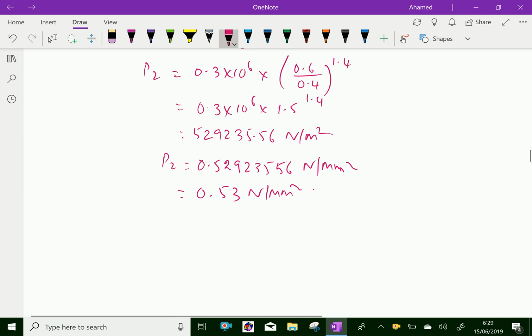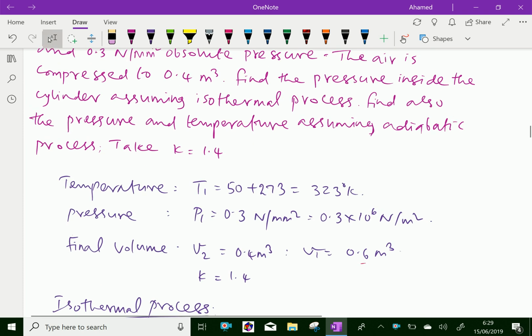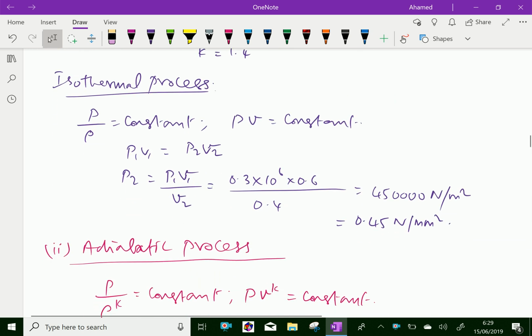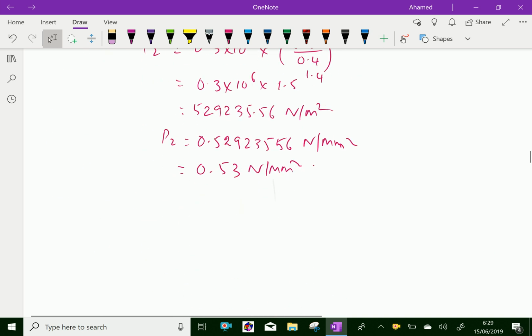Now, further, find also the pressure and temperature. Now, we will find the temperature first.